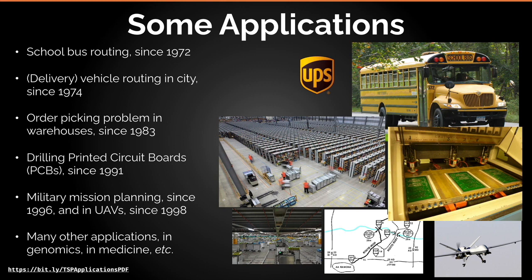TSP occurs in printed circuits to minimize the amount of soldering, to optimize the length of the circuits so that there's less loss of the electric current and heat. And it has many applications in genomics, in medicine, in drones. So this is a really, really important problem by a landmark. It's the most important problem you'll think about in this course.